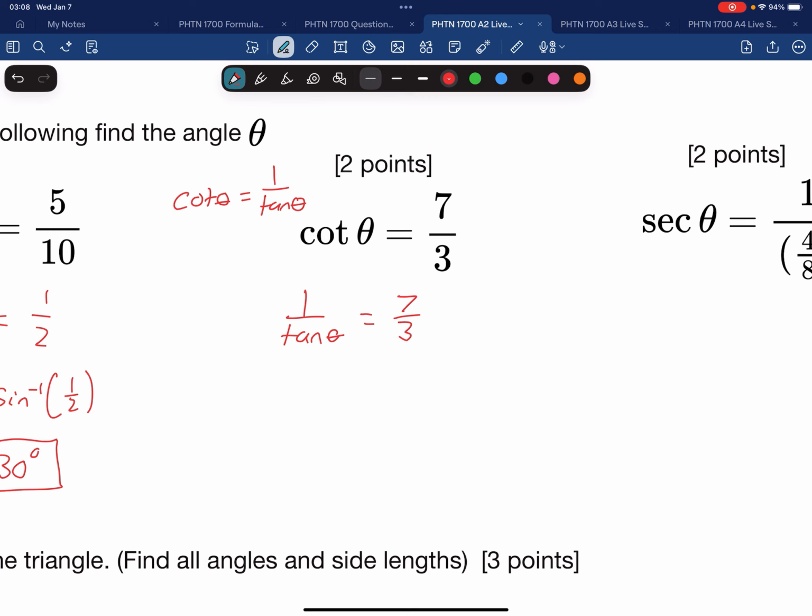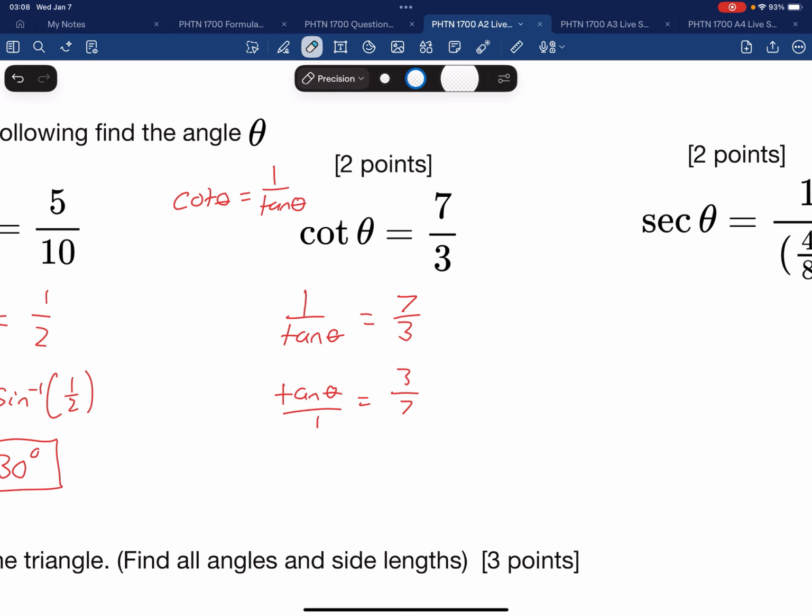A little bit of a shortcut here. So I end up with tangent of theta over 1 equals 3/7. And we don't actually really have to write the over 1 here, because the tangent of theta divided by 1 is still just the tangent of theta. So now we have the tangent of theta equals 3/7.